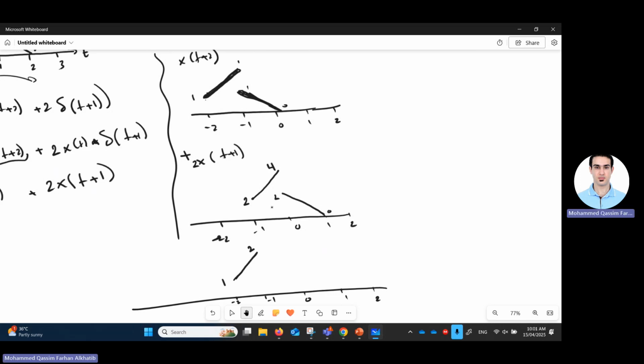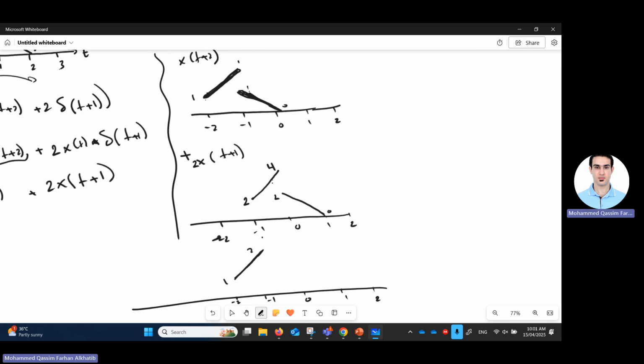At negative 1, let me, yeah, the amplitudes. So initially, I have negative 2, it's 1. Yeah, this one has to be the same. Yeah, 1 and 2. I'm basically adding these two segments together. 1 plus 2, 3.